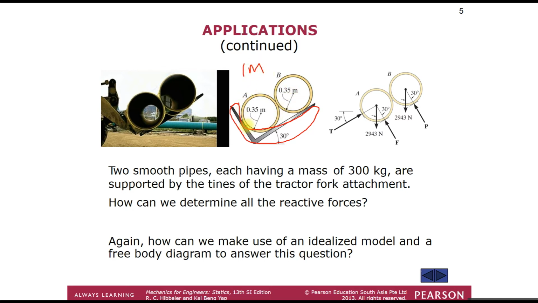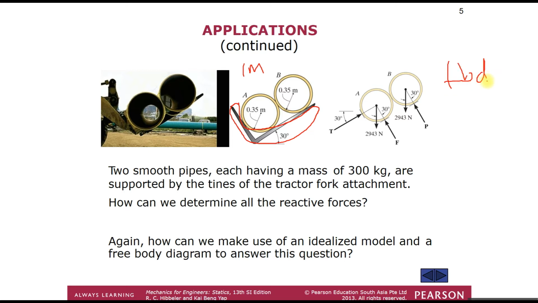We draw the pipes with all the dimensions and the angle at which the tines hold the pipes, and then finally we draw the FBD.